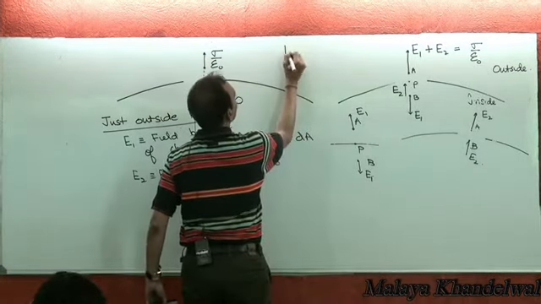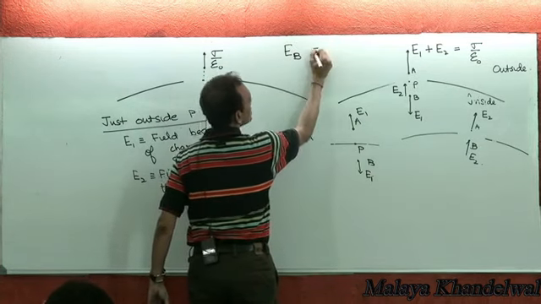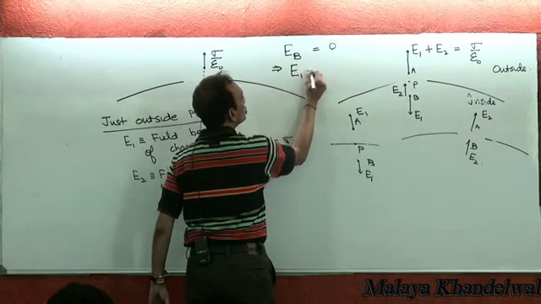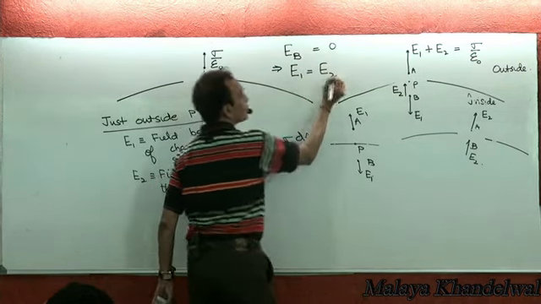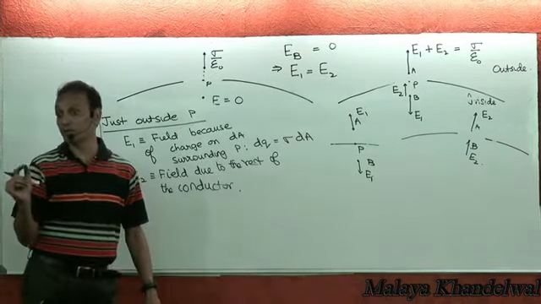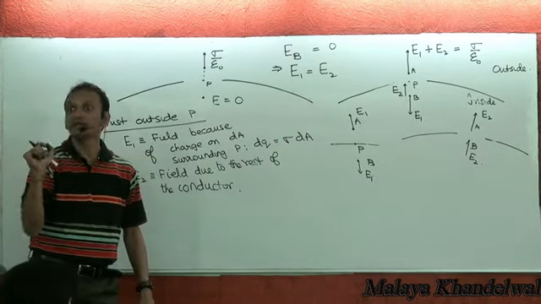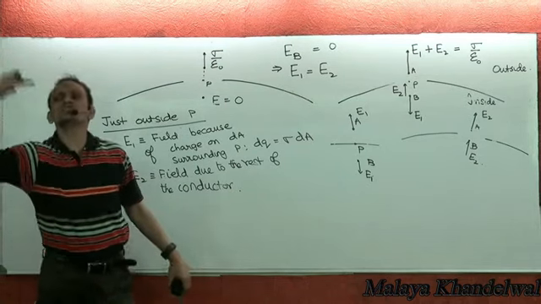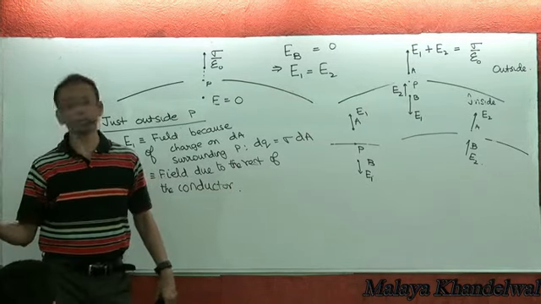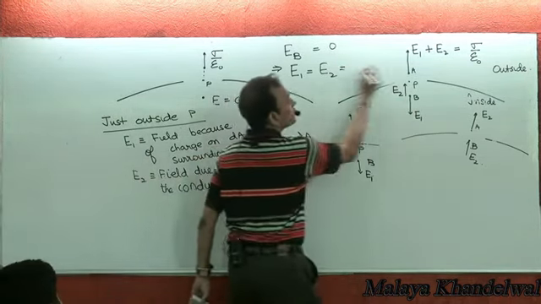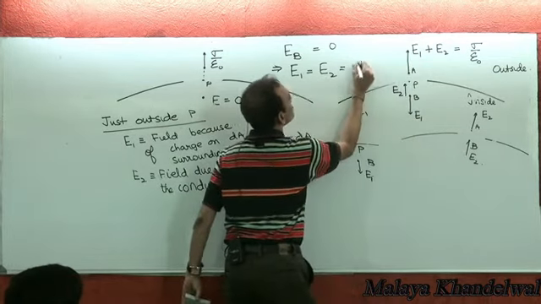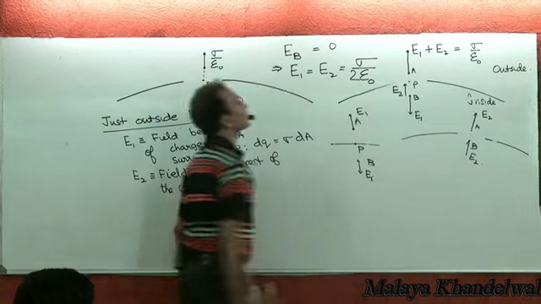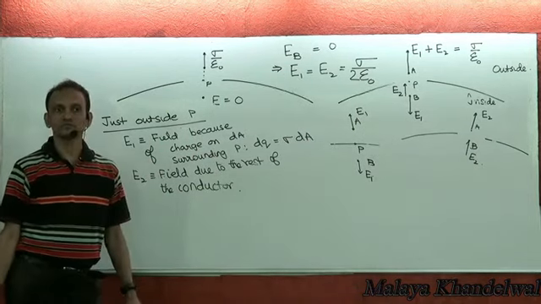So the net electric field at B must be 0, or E1 must be equal to E2, where E1 is the electric field produced just because of the charge at P, and E2 is the electric field produced by the rest of the conductor just outside or just inside. And E1 equal to E2, each would be sigma by 2 epsilon. Yes or no?